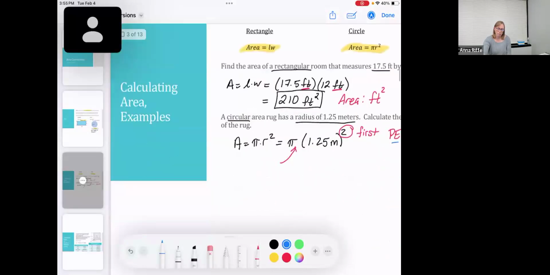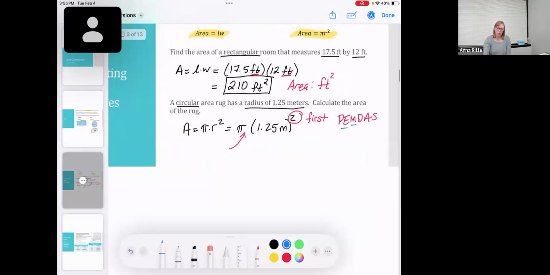So it's equal to 4.91. And again, our units are not meters. We're talking area now. We've squared those meters, so our units are square meters. Okay. Questions on those?